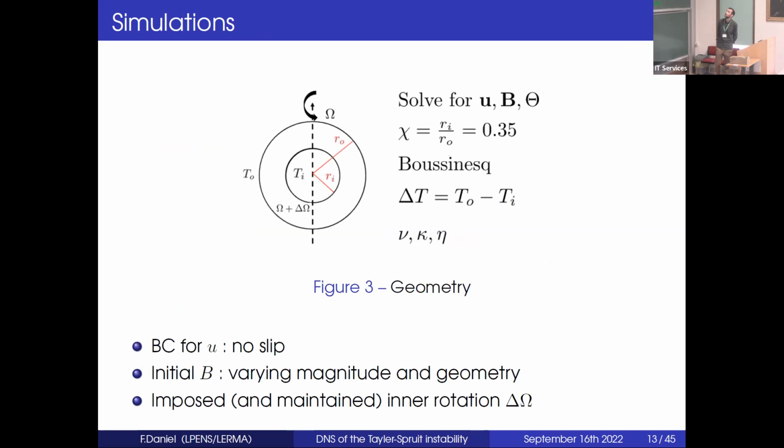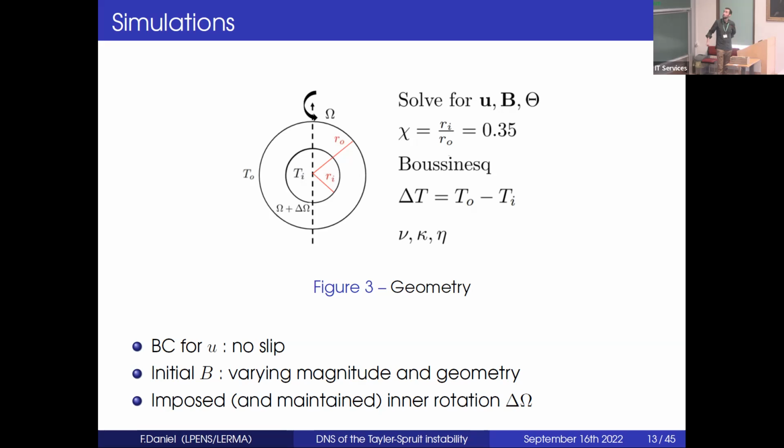Now a quick word on our simulations. So we model the star as a spherical Couette problem in which the fluid is maintained in the envelope. But we're not interested in the interaction with the core that would be convective, for instance, in the star. So we're not going to let any flow evolve in there. We're just going to impose that the conductivity of the core is the same as the fluid.